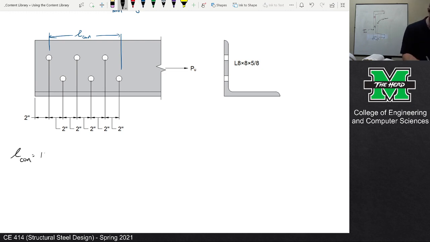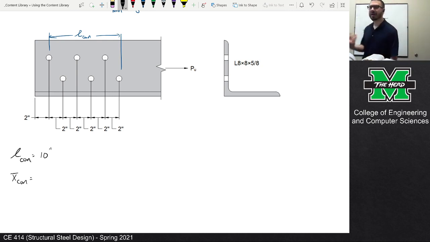That is correct. Now, how about the X bar? Here's a little trick. Which value do we use, X bar or Y bar?